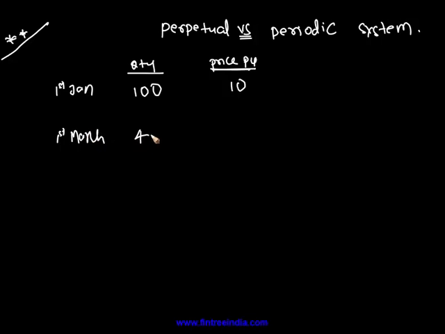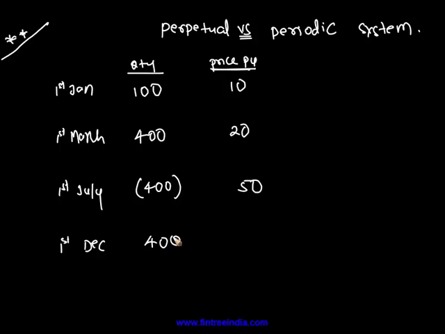We purchased a quantity of 400 at a price of 20 per unit. Then on 1st of July, we sold 400 at a price of 50. And on 1st of December, we purchased another 400 at a price of 30.